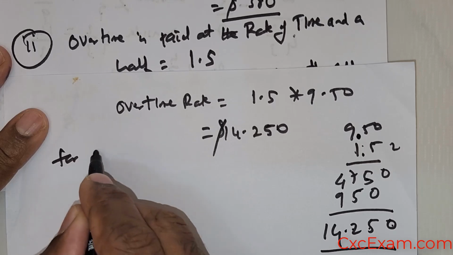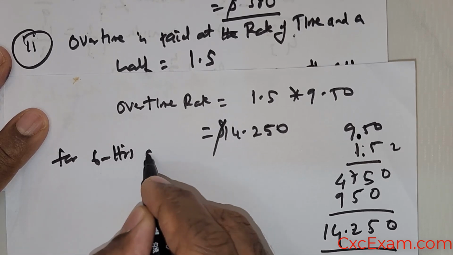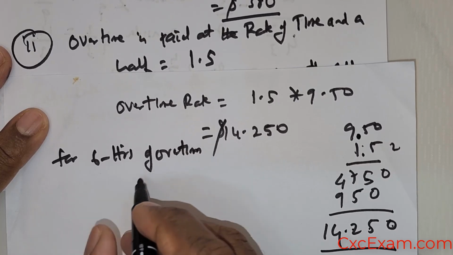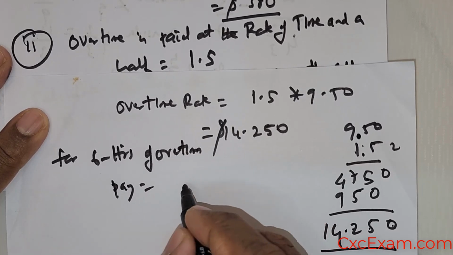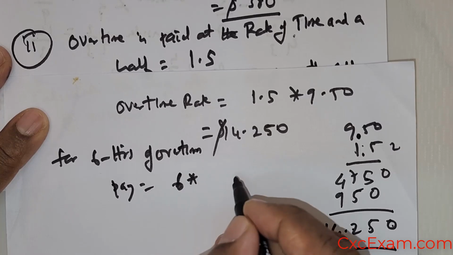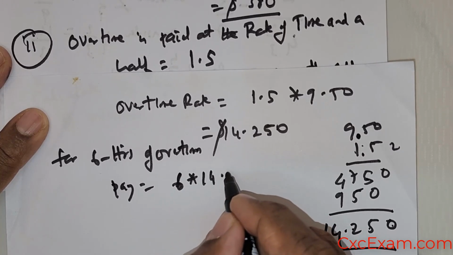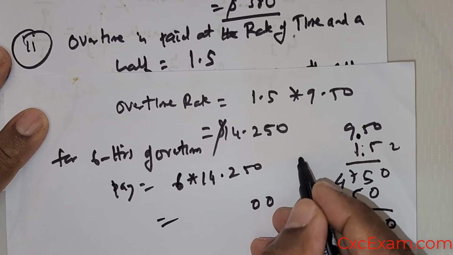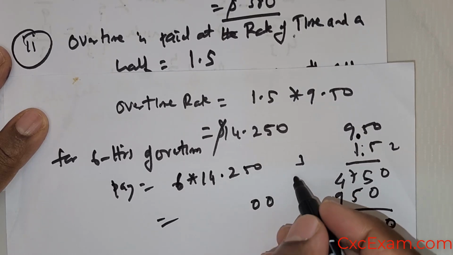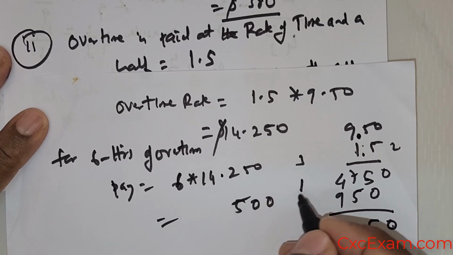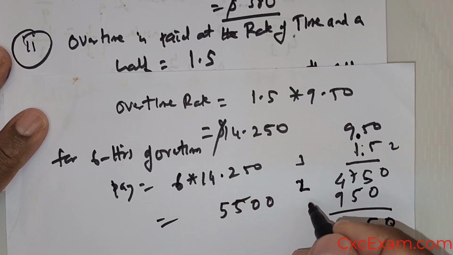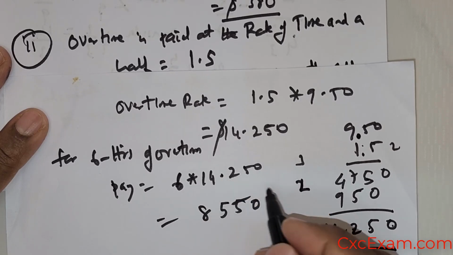So for 6 hours of overtime, the pay is what? 6 multiplied by 14.250. So you multiply: 6 zeros are 0, 6 fives are 30, 6 twos are 12 and 15, 6 fours are 24, 25, 6 ones are 6 and 2, 8.